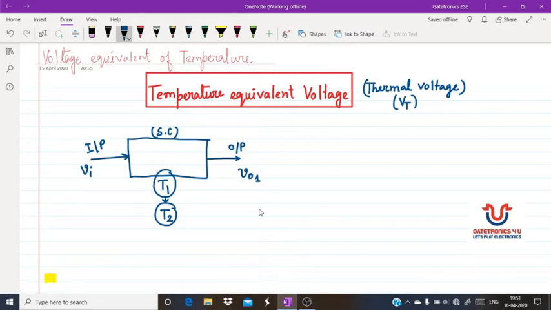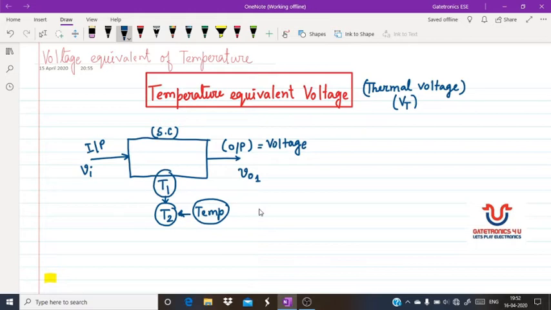If you see, the output is in the voltage dimension, but the change that is happening is in the temperature dimension. Due to this temperature change in the semiconductor device, there will be some output change because some extra phenomena will take place due to the increase or decrease of temperature from T1 to T2.